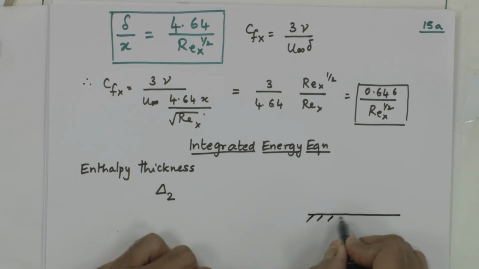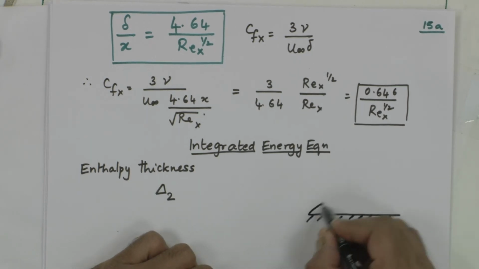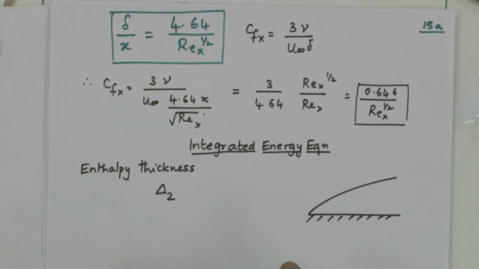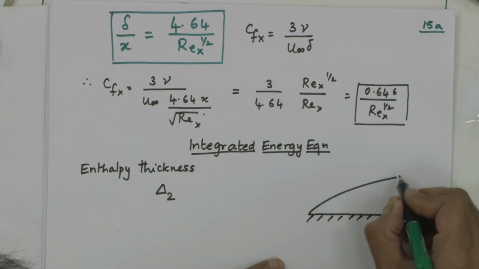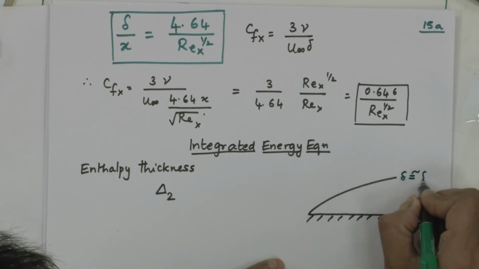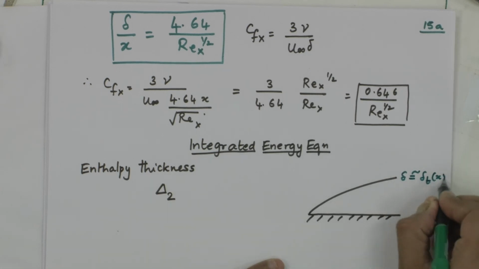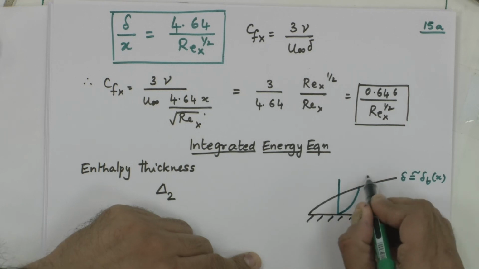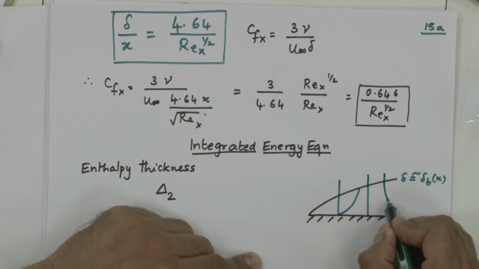I will just explain the physical import of it. Let us say this is my thermal boundary layer. I am just showing the thermal boundary layer now, not the hydrodynamic boundary layer. Let us say delta is approximately equal to delta T, just for simplicity. So, this is my velocity profile, this is my temperature profile.